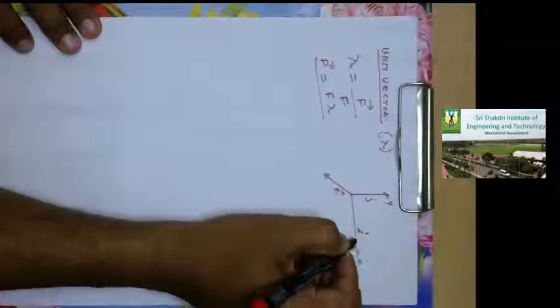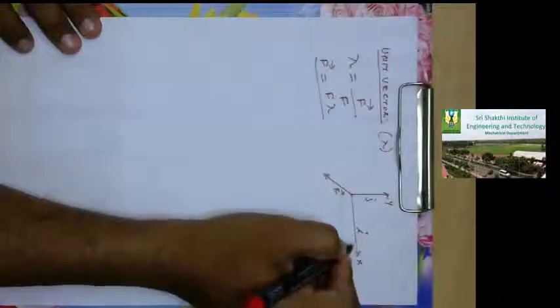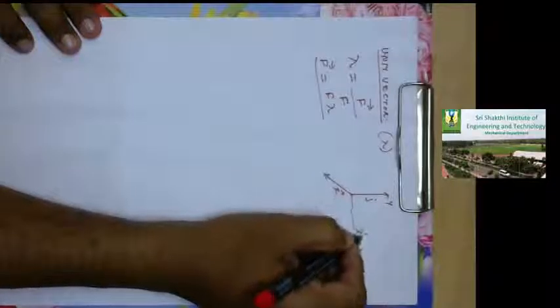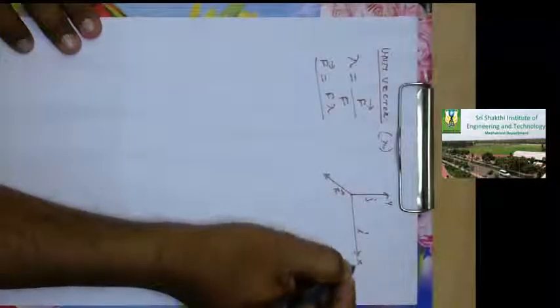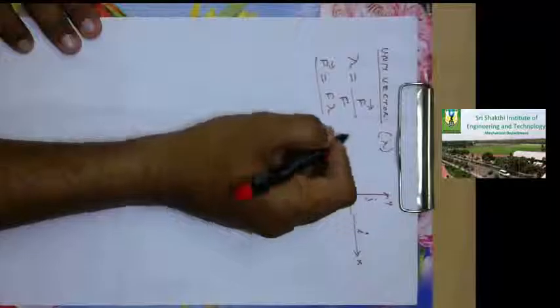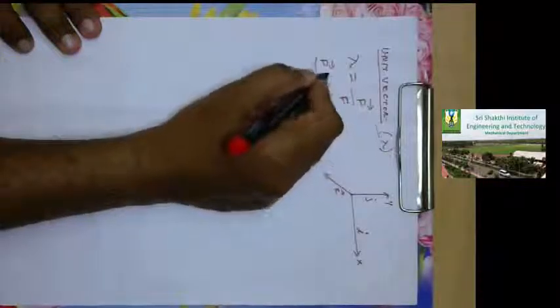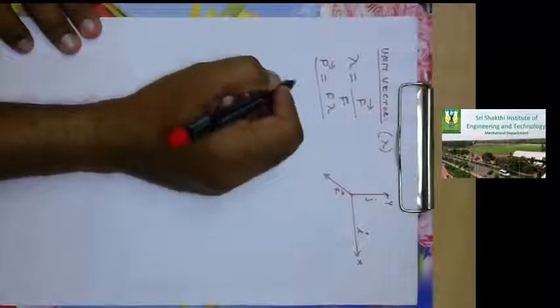As you saw on the last page, along x, F cos theta x into i gives the magnitude of the force along x. In the same way, for any force inclined in space, if I multiply the force unit vector lambda with its magnitude, it will give you the force vector.